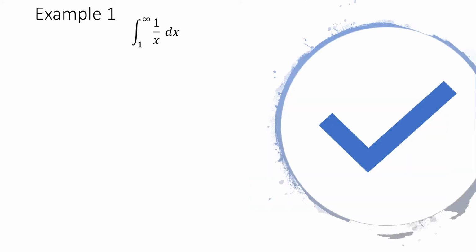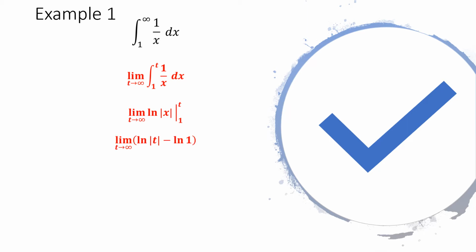All right. So for our first example, we have the integral from 1 to infinity of 1 over x dx. And so the very first thing I'm going to do, because I'm going to infinity, I'm going to rewrite that as the limit as t goes to infinity of the integral from 1 to t of 1 over x dx. All right, so then I'm going to integrate that, and I have the limit as t goes to infinity of ln absolute value of x from 1 to t.